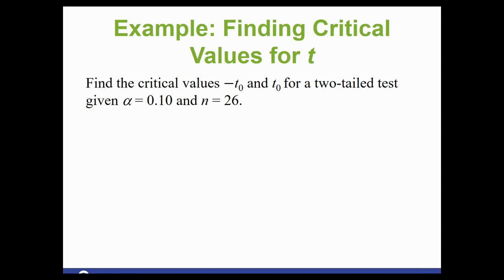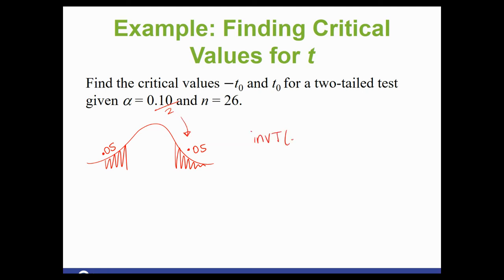This example says find the critical values for a two-tailed test given an alpha of 0.10 and a sample size of 26. So two-tail means both tails are shaded. That means your alpha is being cut in half. So half of alpha is on each tail. That is that 0.10 cut in half.